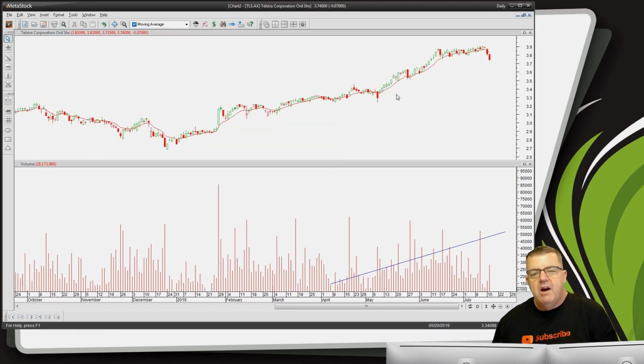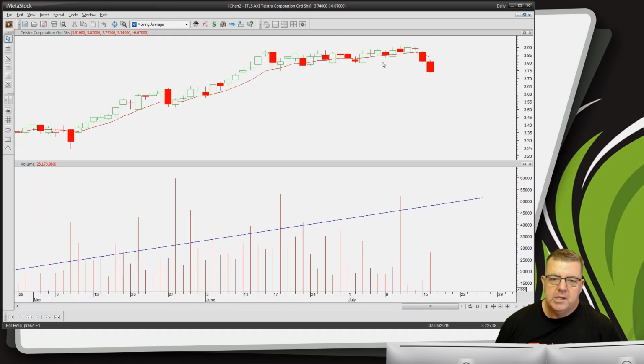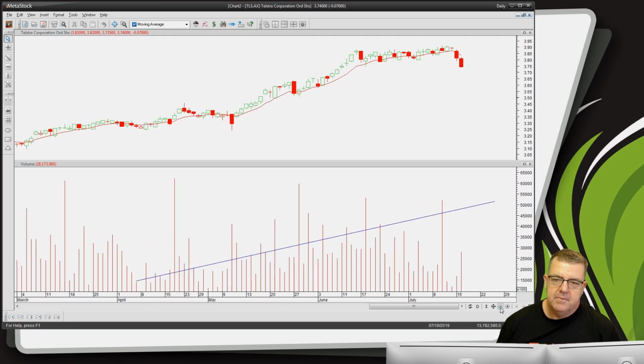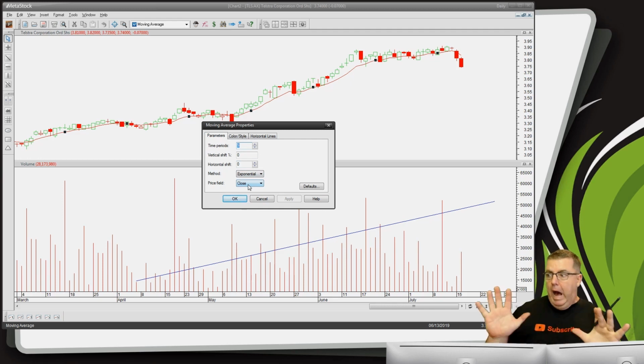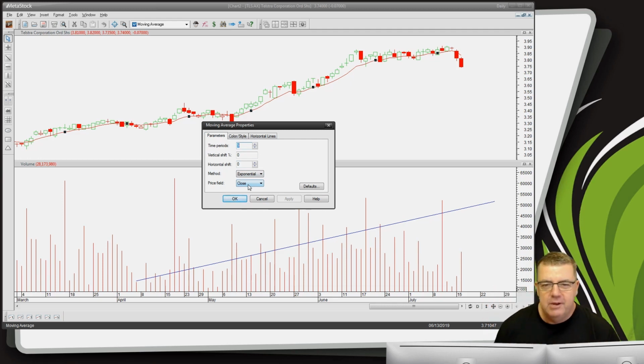All right. Now, a moving average, as the name suggests, is moving, which means that it is going to follow as the prices change. We'll look at the parameters. This is a 9-day exponential moving average based on the closing price. Whoa! I don't want to scare you with all these numbers and everything.